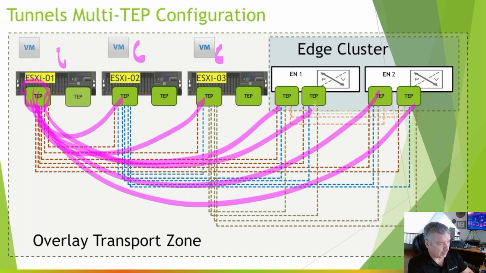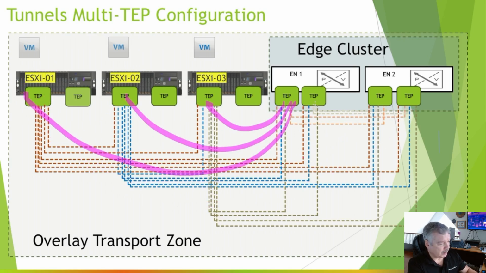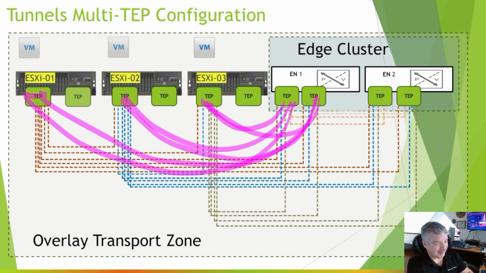And again, the edges will basically have 1, 2, 3, 4, 5, 6, 7, 8, 9, and 10, something like that. Okay, let's power them on and let's see what happens.